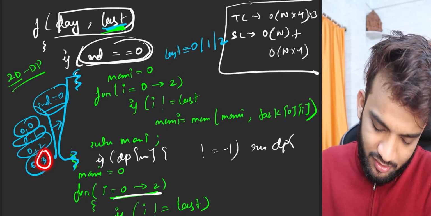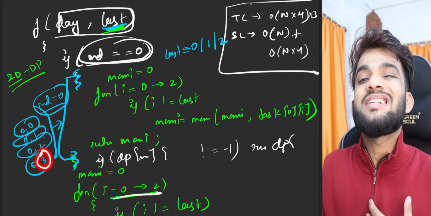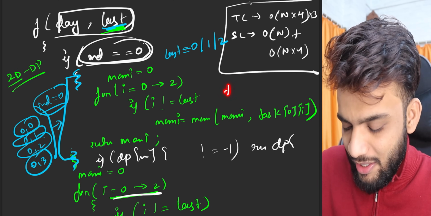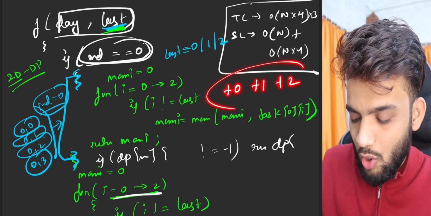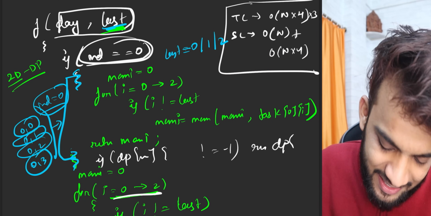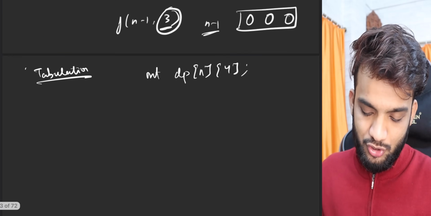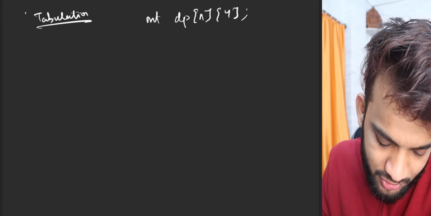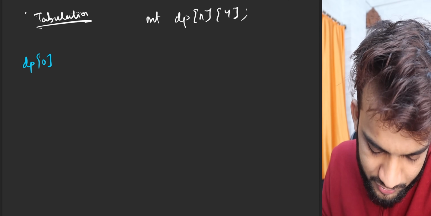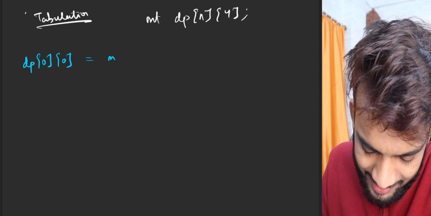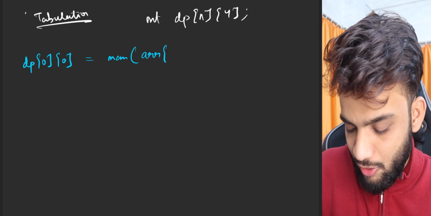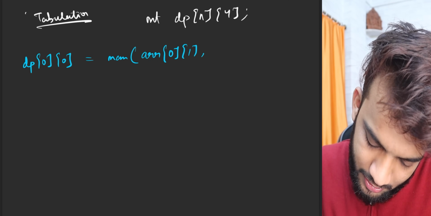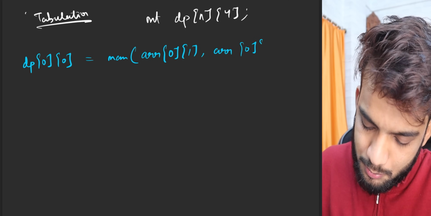If it is 3, which might be the case if there is a single day, then you directly take the maximum of all the tasks. So the first form of tabulation: dp of 0 0 will be max of array of day 0 task 1 or task 2.